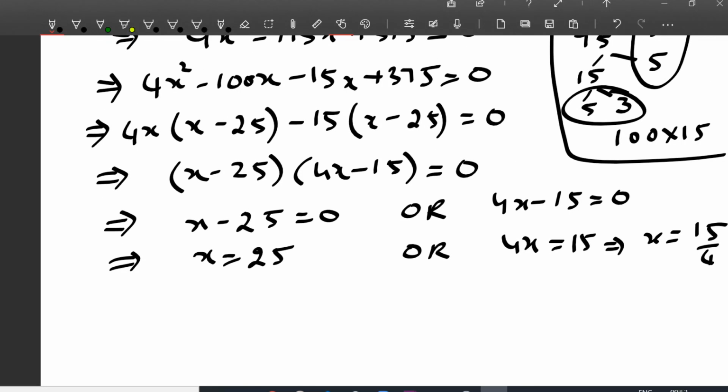So now we need to take only 25, and we should not take this.